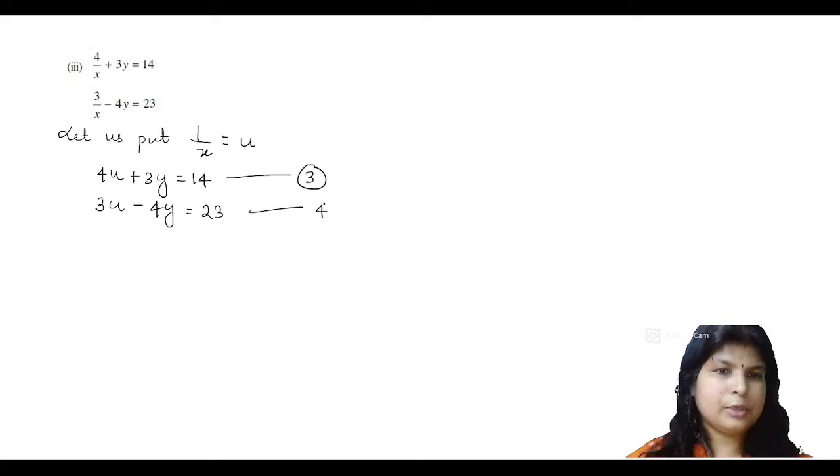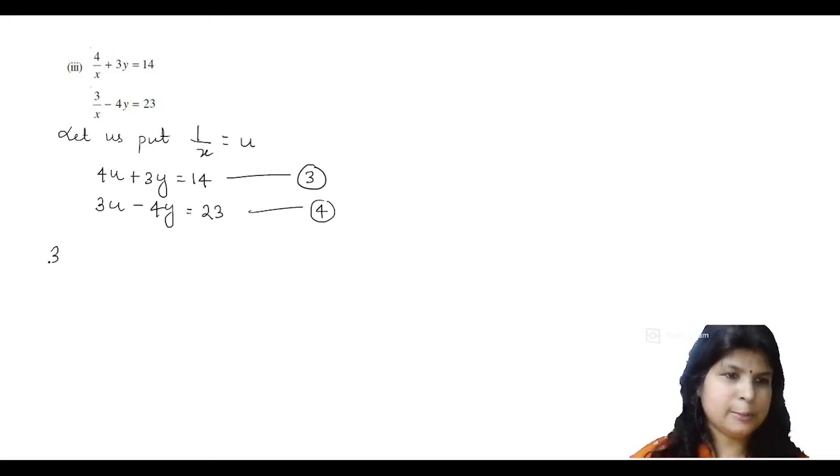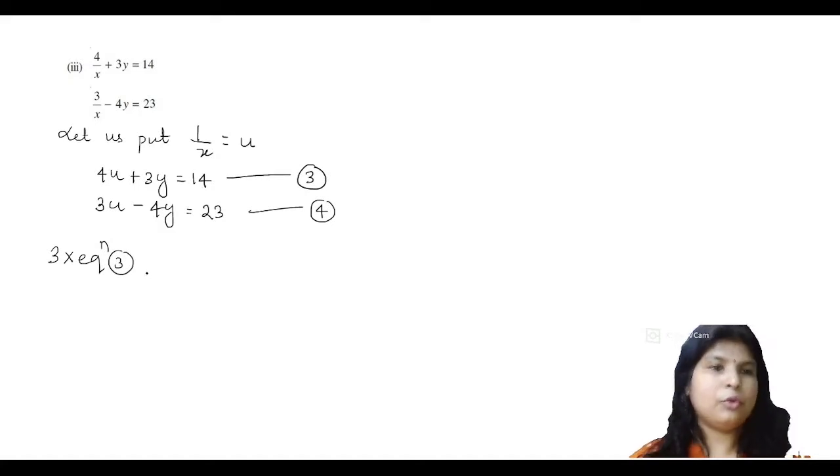Okay, so now just to eliminate the variable u, I will multiply 3 to the equation 3 and 4 to the equation 4. So 3 into equation 3.